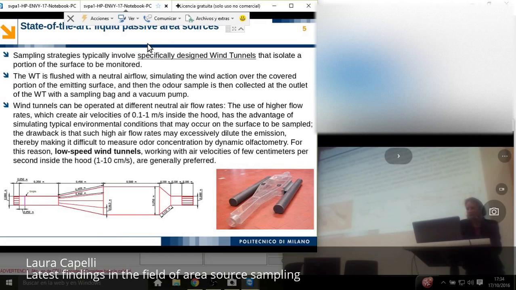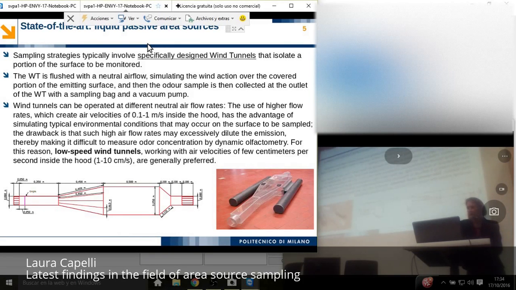One possibility is to use higher airflows in the range of 10 centimeters per second or up to 1 meter per second, which has the advantage of simulating more typical wind conditions that may occur on the surface to be sampled.